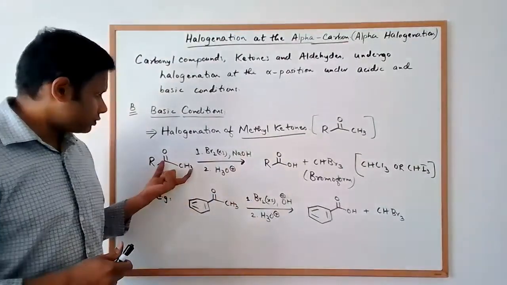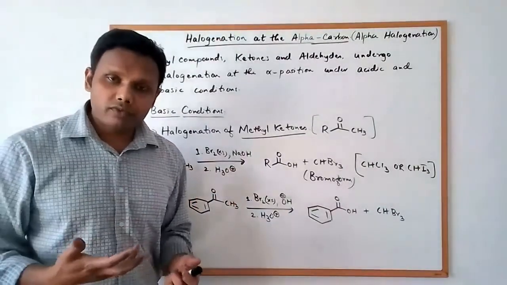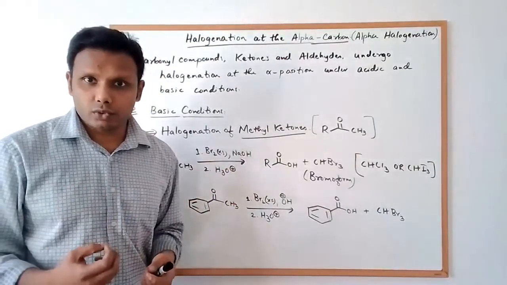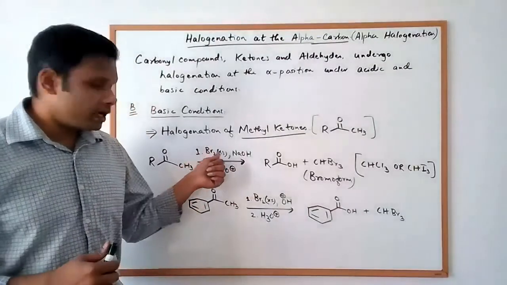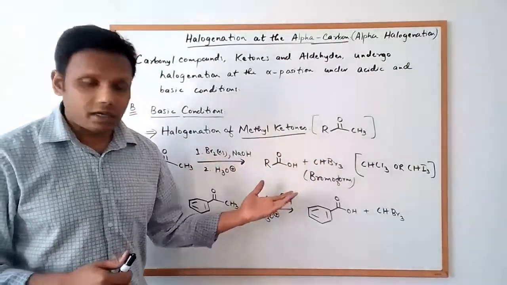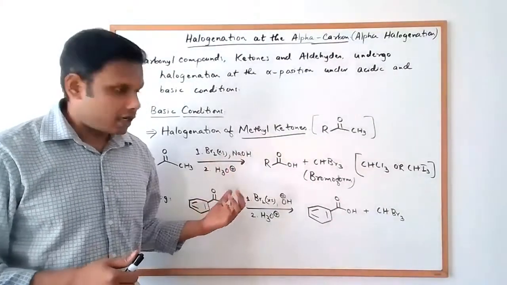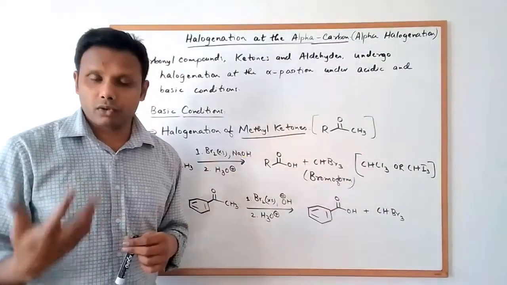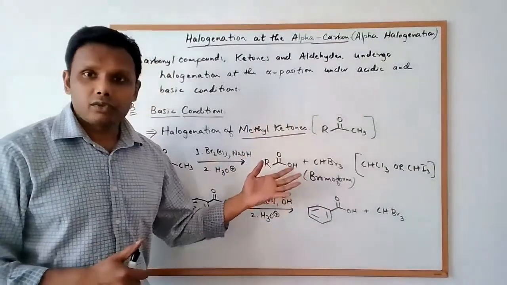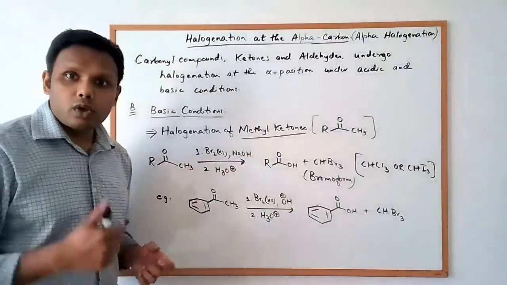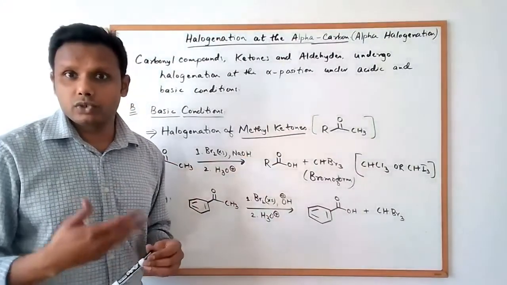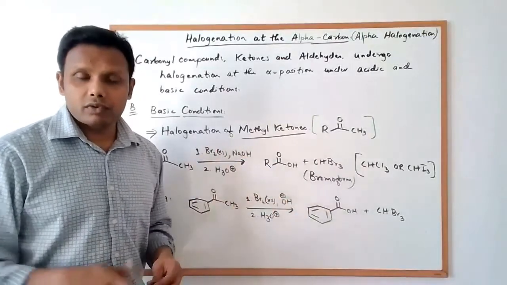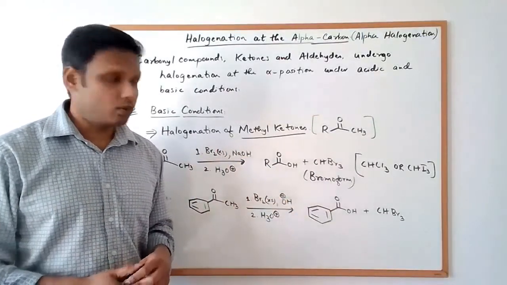Traditionally, if you know it's a ketone and you want to verify if it is a methyl ketone or not, you can react it with bromine or iodine in excess in the presence of a base. And if you see the formation of a yellow or orangish precipitate, that would imply that your ketone was a methyl ketone. So you could use it as a qualitative test for identifying whether your compound had a methyl ketone group in it.